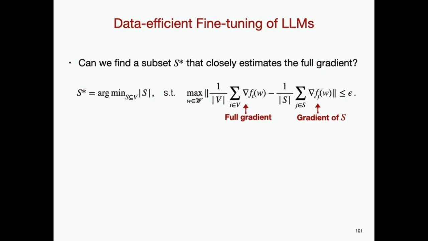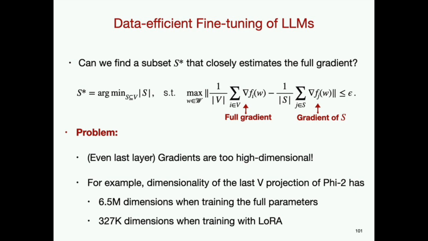Because we have talked about capturing the gradient all the way, let's think of whether we can find a subset that closely captures the gradient of the full data for LLMs. And this is very, very difficult. LLMs are huge, with billions or trillions of parameters.